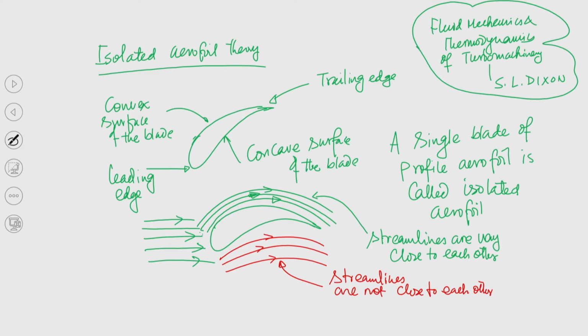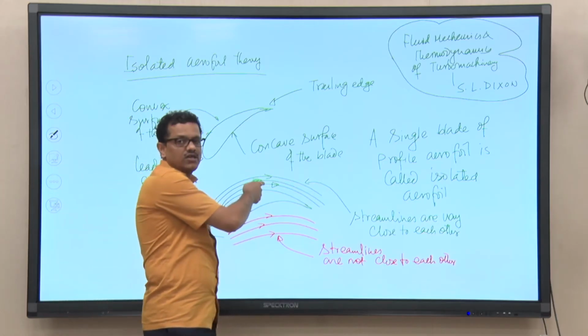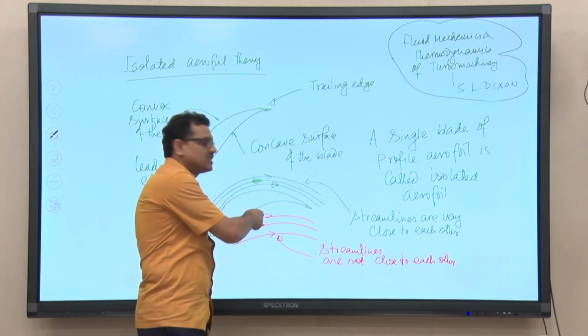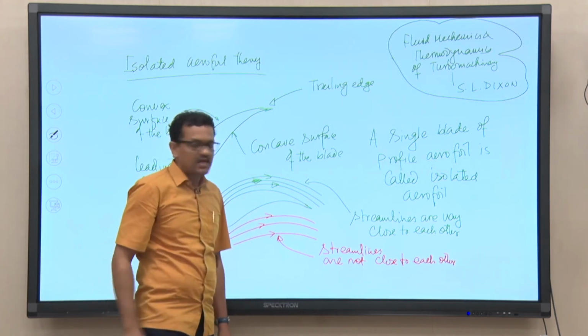Now, what is the consequence? Already I have discussed that flow velocity on the convex side will be very high, while the flow velocity at the concave side will be less.